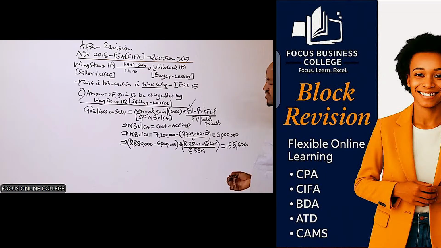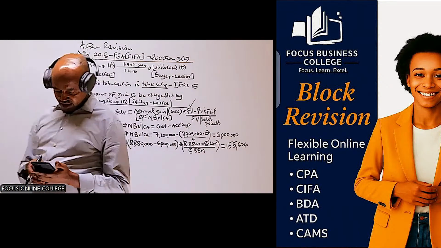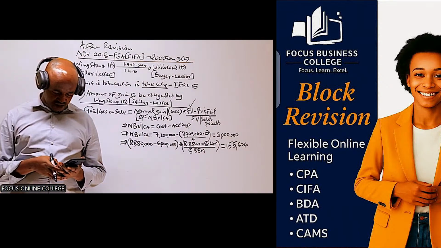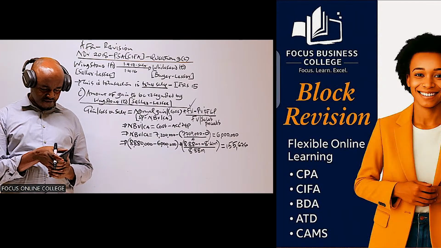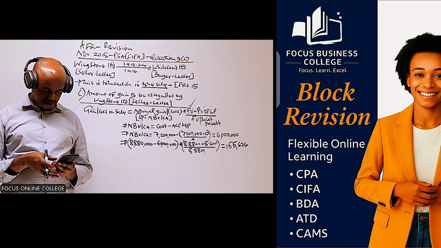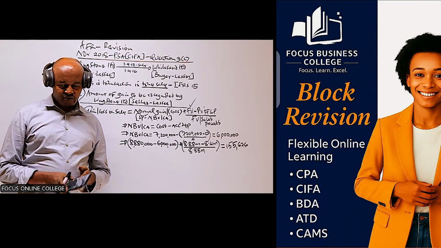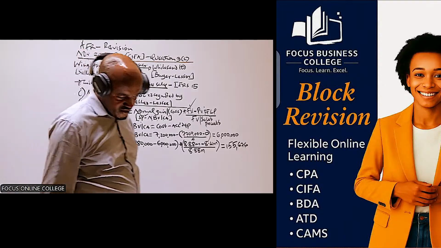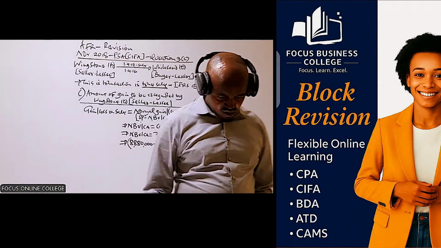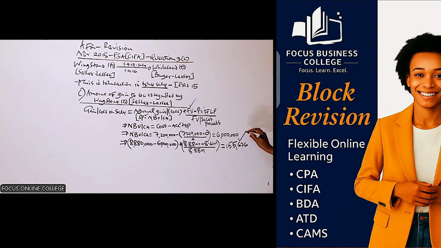Is that the amount you're getting? Please confirm. Yes, that is confirmed by Janet. So that basically was what was required in Roman 1, the amount of profit to be recognized by Winston.